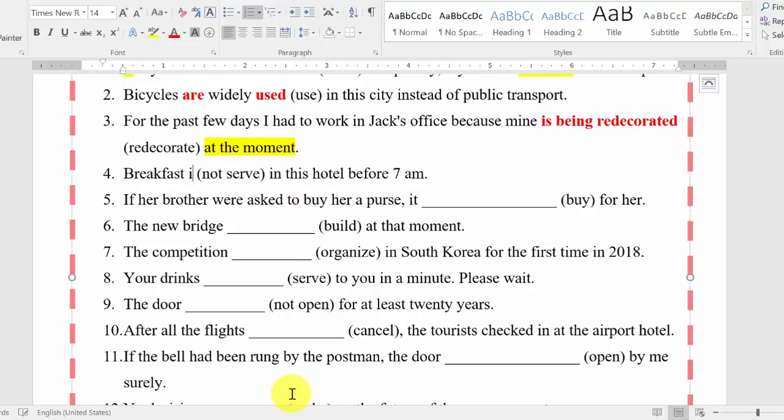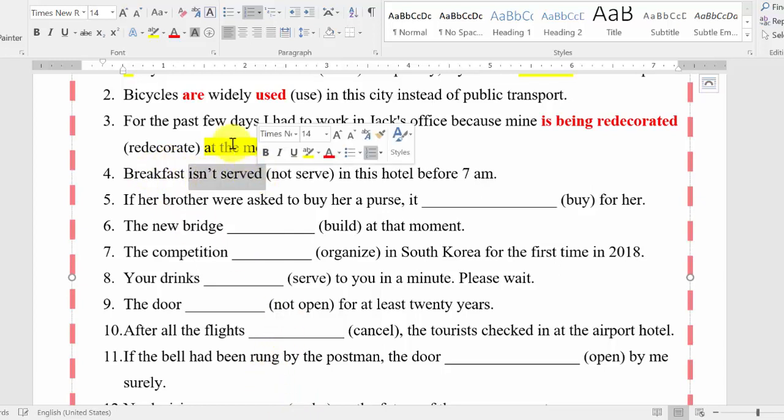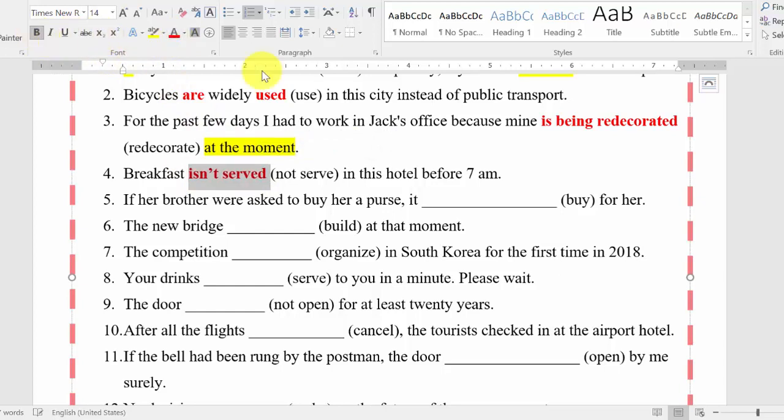Breakfast is singular, we cannot count it, so we should use a singular verb. So isn't or is not served, PP, that's D. So breakfast isn't served in this hotel before 7 a.m.